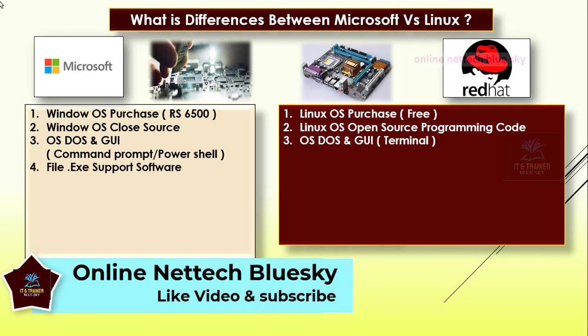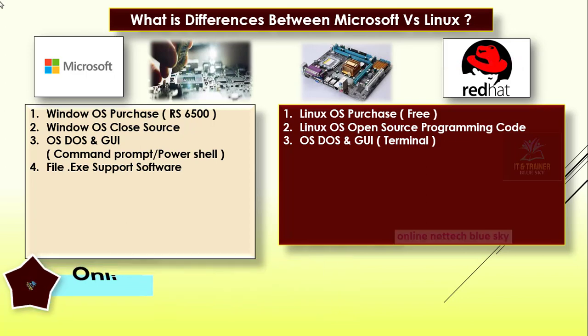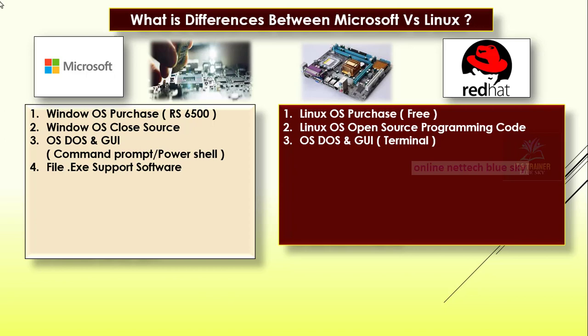The fourth point is the file, exe support software. Any Microsoft operating system supports only exe files, .exe. You can see Windows 7, Windows 8, Windows 10. You are using a VLC player, Photoshop, Microsoft Office, Microsoft Word, Microsoft Excel.